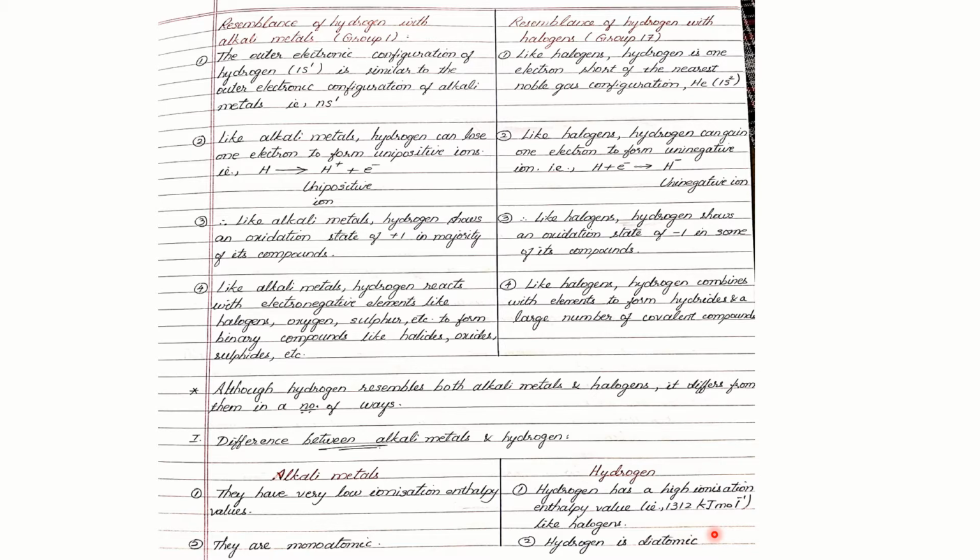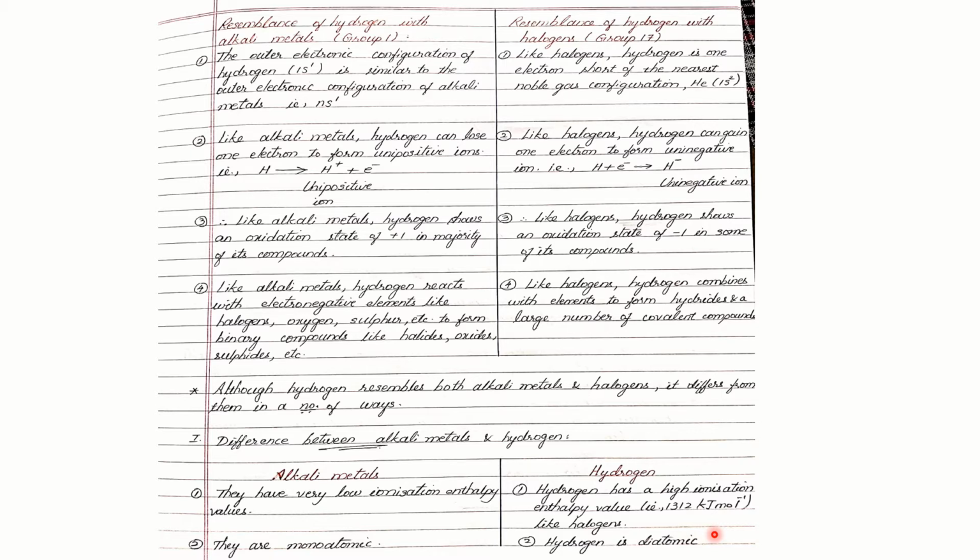Because hydrogen has only one electron which is very close to its nucleus. There is strong force of attraction between the nucleus and the electron of hydrogen atom. And removal of such an electron would require a very high amount of energy, and for this reason hydrogen has a very high ionization enthalpy value.